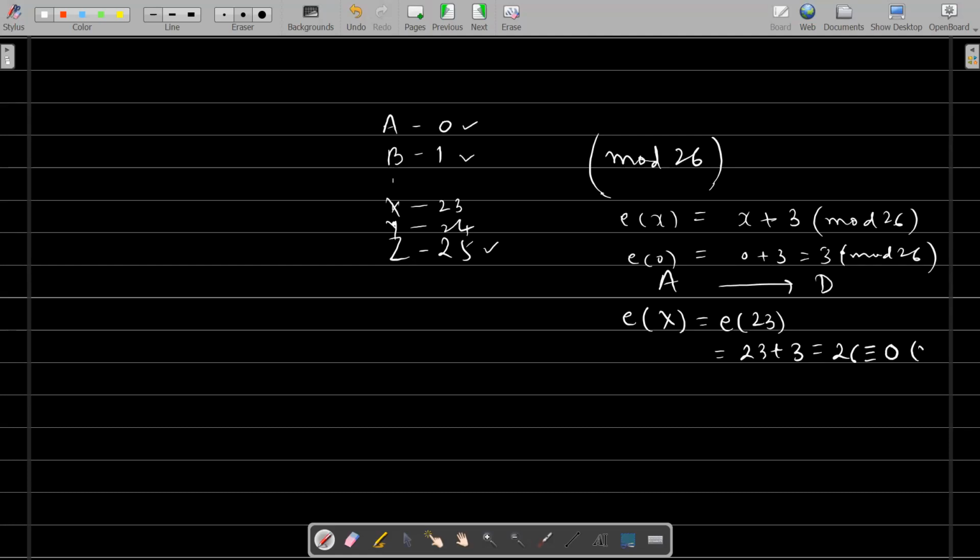That is 0, and therefore X is A. What is Y? E of Y is E of 24, so that is 24 plus 3, that is 27. And what is 27 modulo 26? That is 1 mod 26, and 1 is B. So Y goes to B.